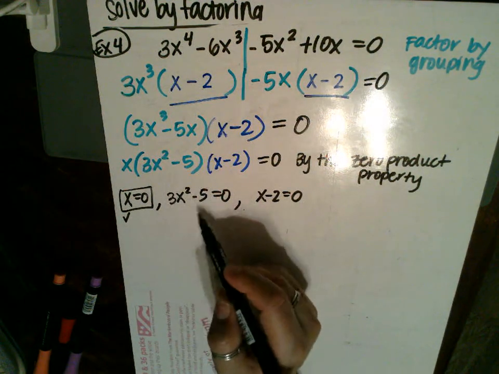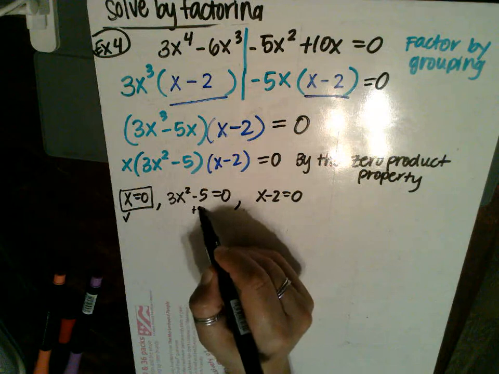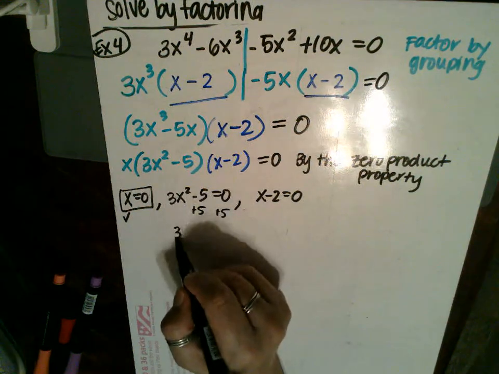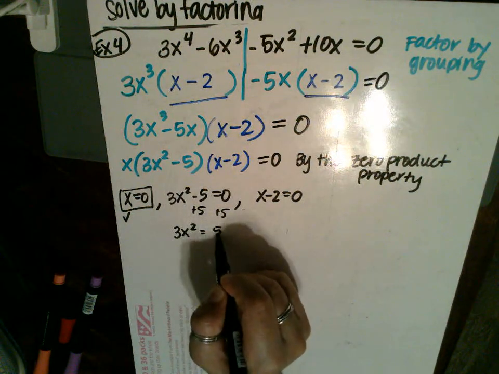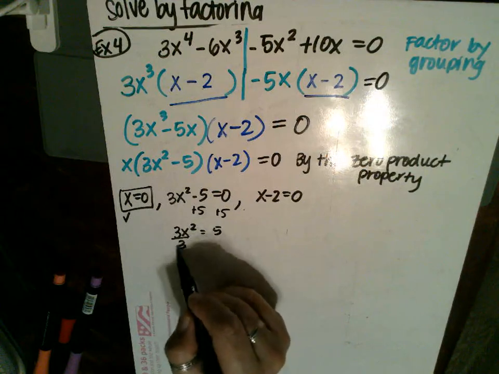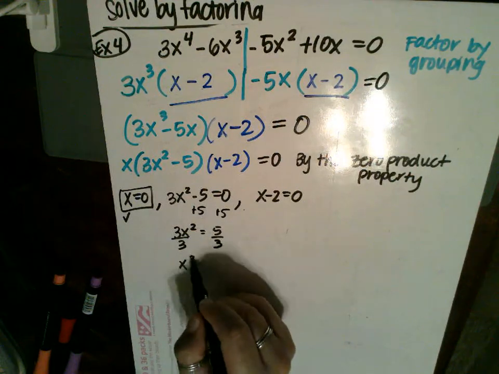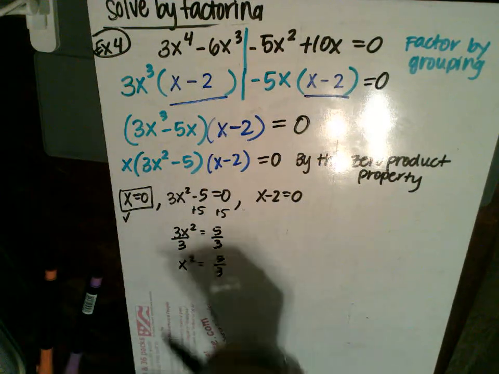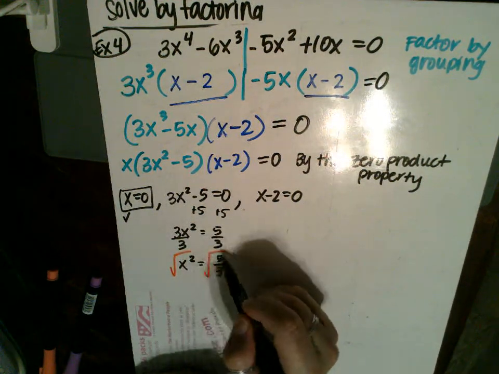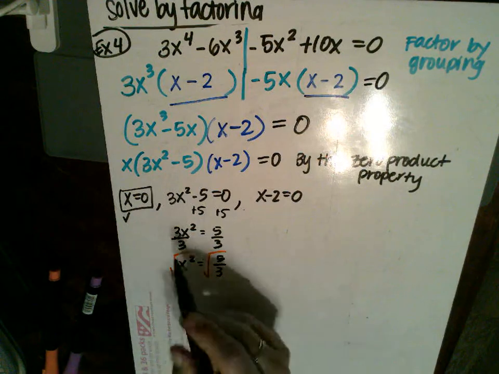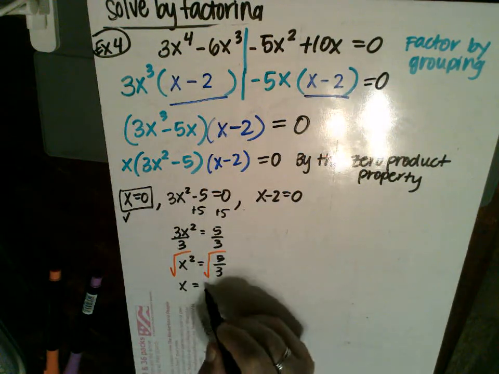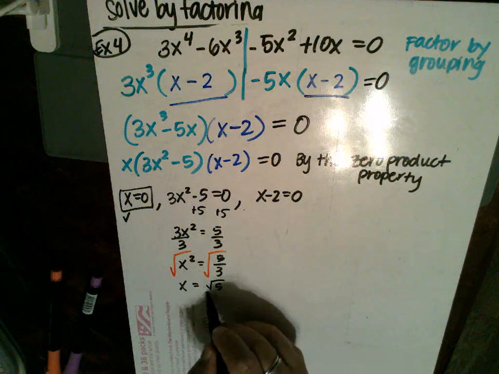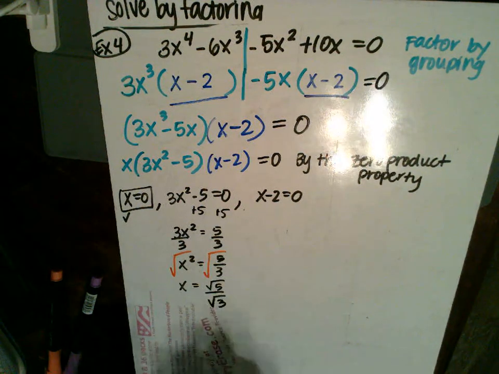The second one, if I need to solve for x, I have to add 5 to both sides. I have 3x squared equals positive 5. Must divide by 3 on both sides. I have x squared equals 5/3. I would want to take the square root of both sides, leaving me with x is equal to the square root of 5 over the square root of 3.